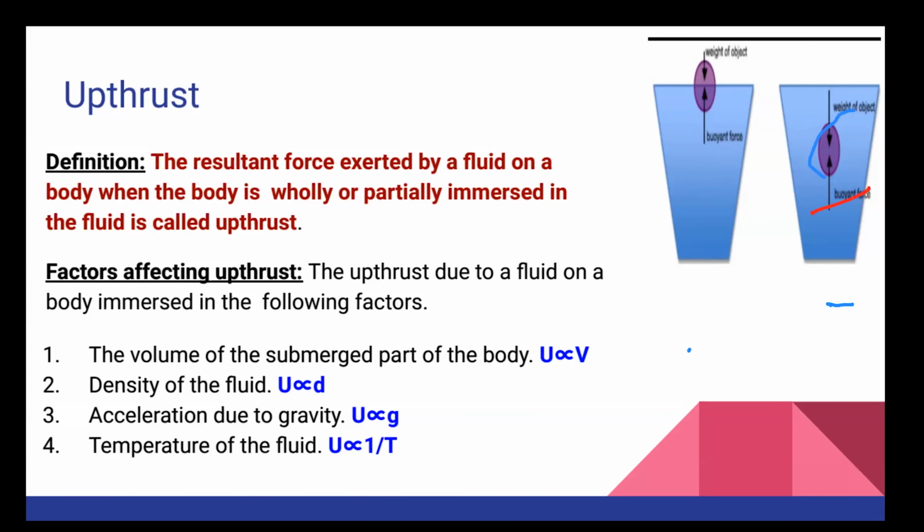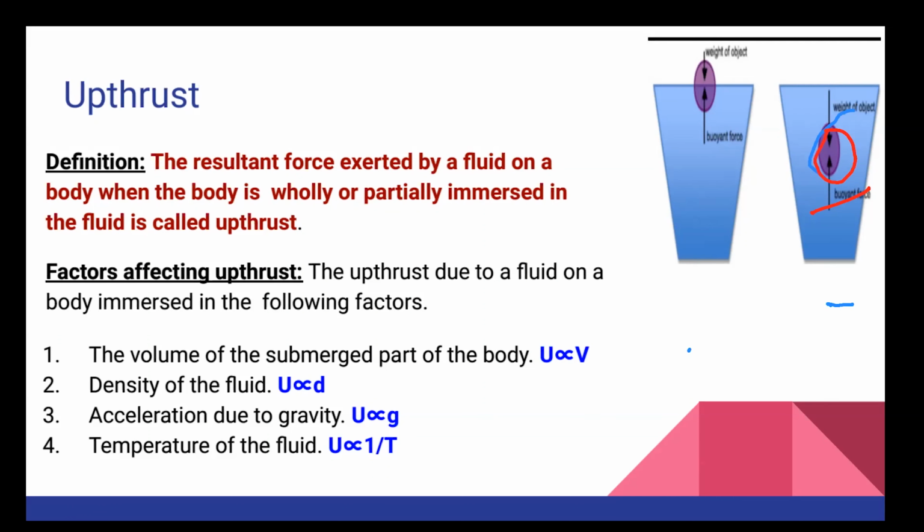In this case, the total volume of the body which is immersed inside the liquid is equal to the volume of displaced liquid, and is responsible for producing upthrust. So when a body is fully immersed inside the liquid, the total volume of the object is the responsible factor for producing upthrust.